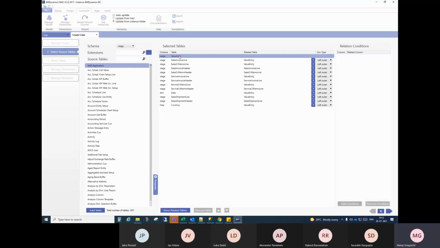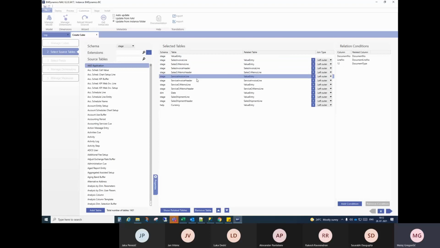The lead table again is value entry. Then we have sales invoice line, credit memo. We get some of the information from all of these tables here. Now the first time you can see here, we also included tables that are not part of the schema stage, but they were pre-built like Dimension.